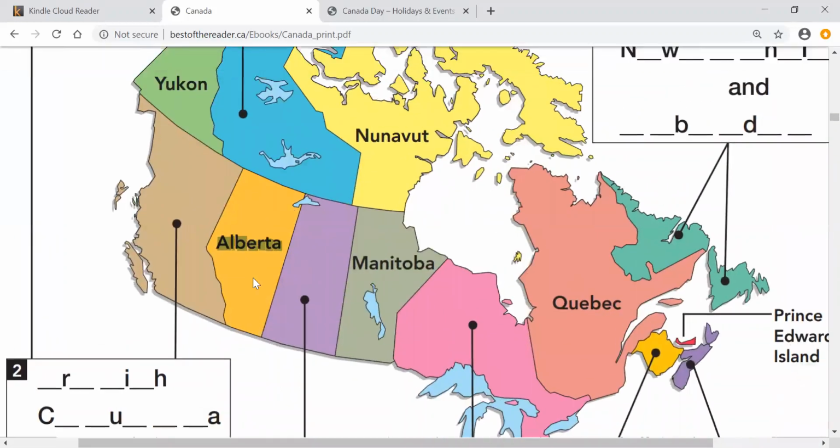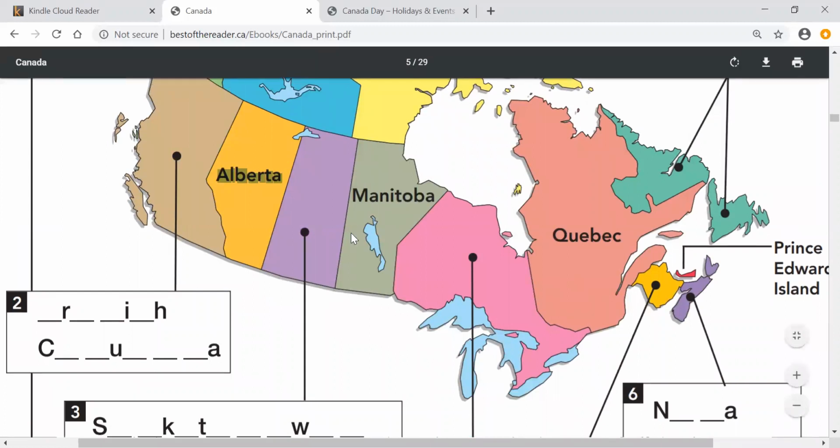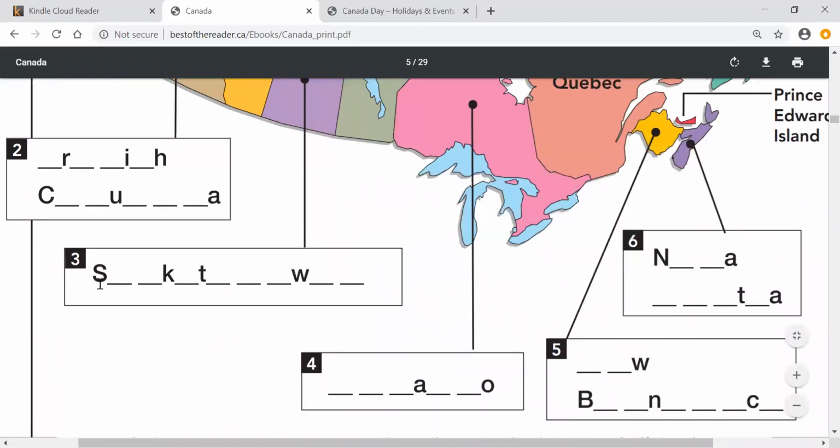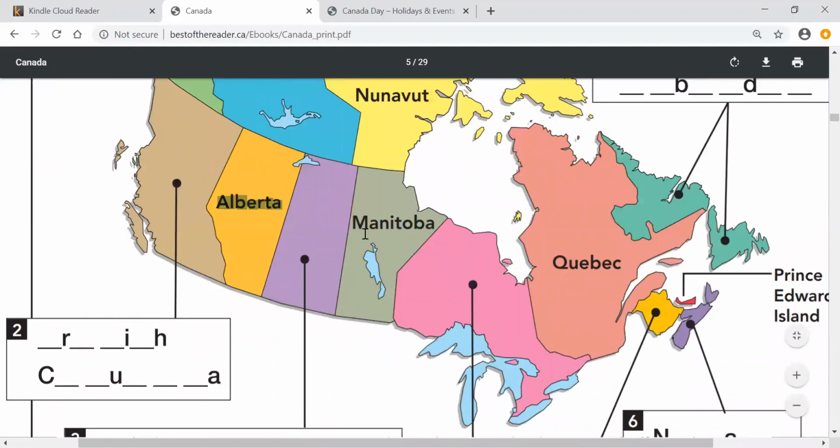Alberta. Okay, what's next? After Alberta is Saskatchewan. Saskatchewan. Okay. This is in the middle of Canada, and it has many farms in Saskatchewan.